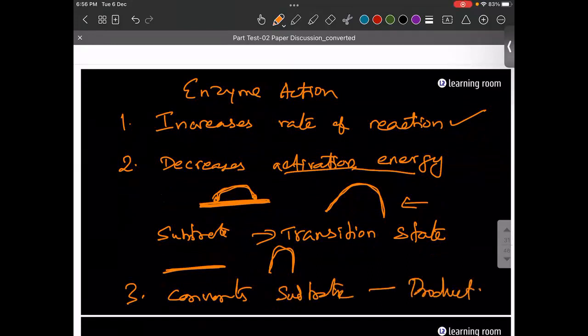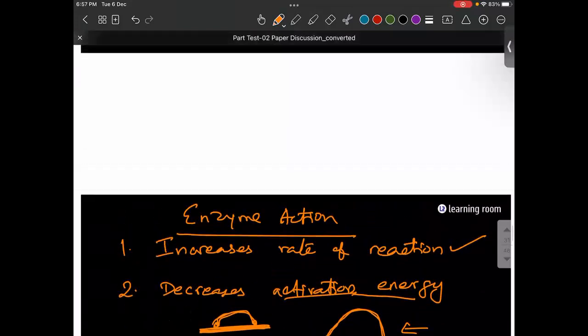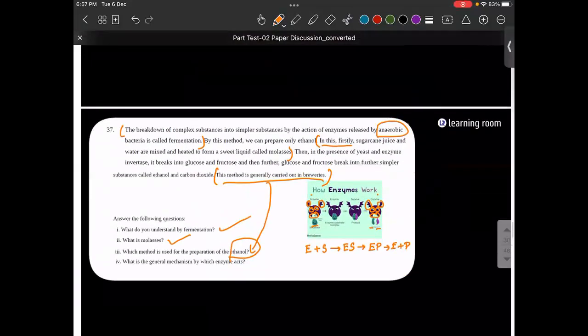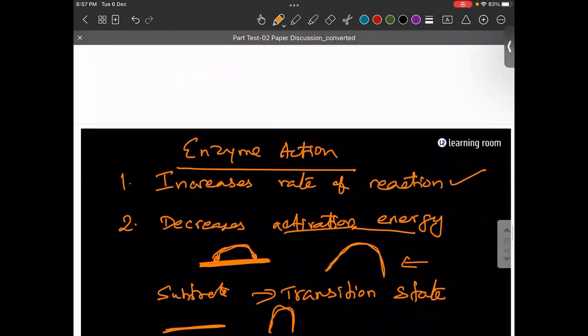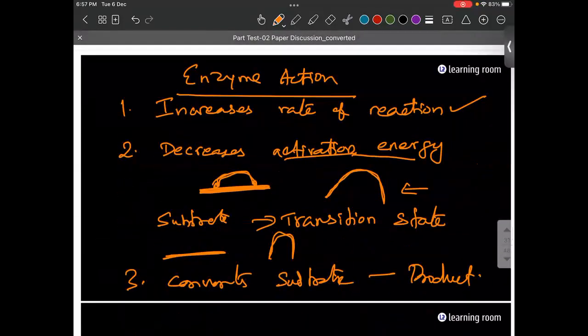So this is the technical answer. Since you are in class 9, this explanation is marvelous. But when you go to your higher studies, in 10th, the same chapter is there, how an enzyme acts. There, you have to talk about all these things.